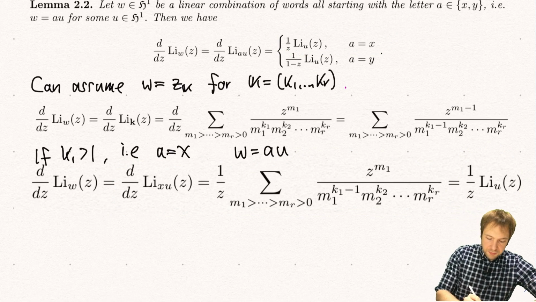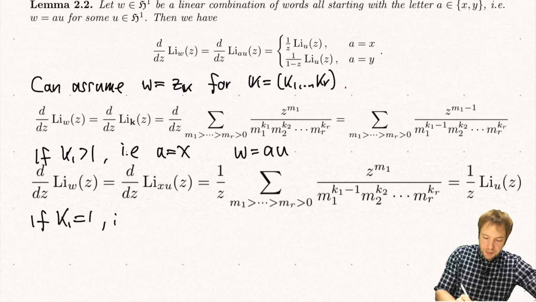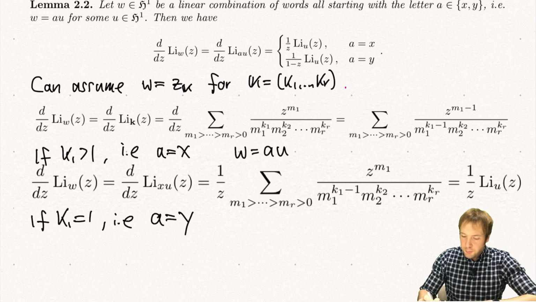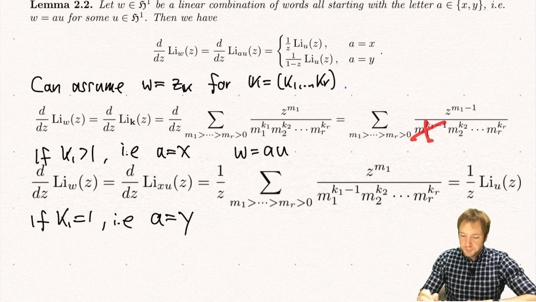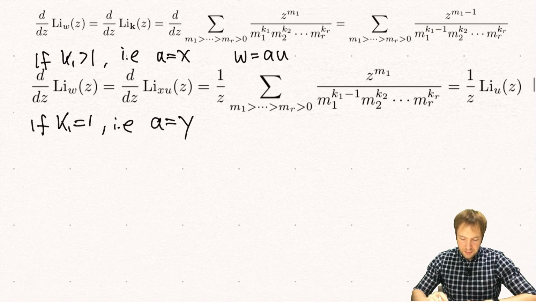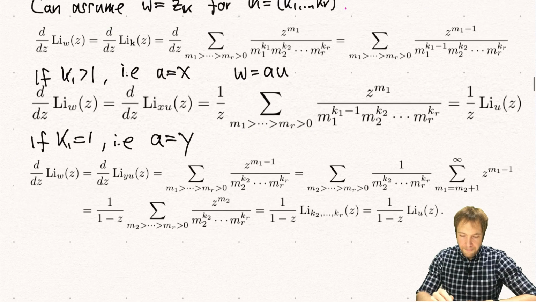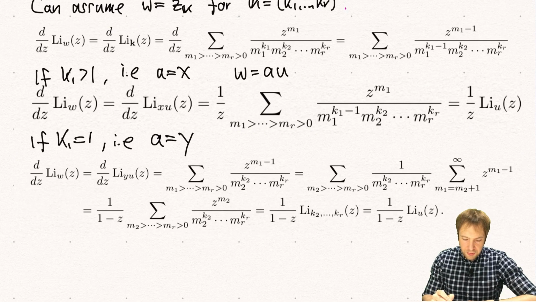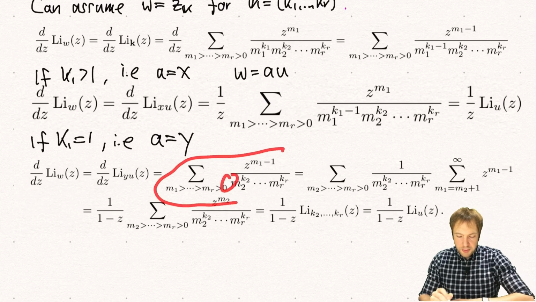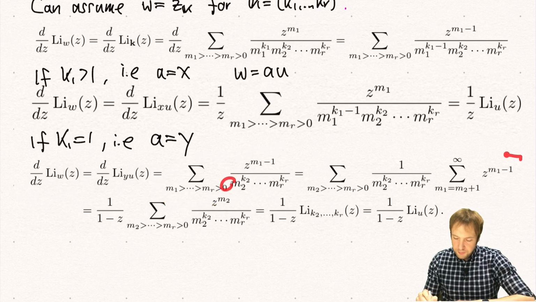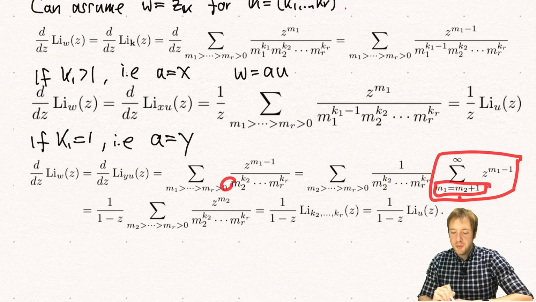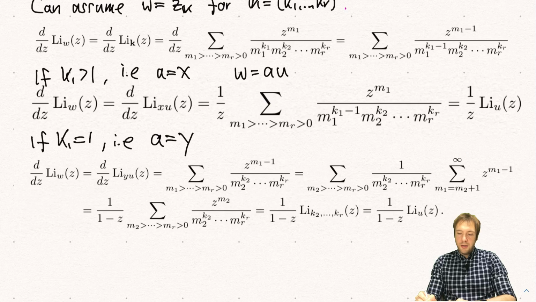And the other case, if k1 equals 1, so it means that the first letter is y, then we don't have any m1 here anymore. And then what we need to do, so let me bring this up here. So here now we have no m1. So here we have a sum where m1 goes from m2 plus 1 up to infinity.